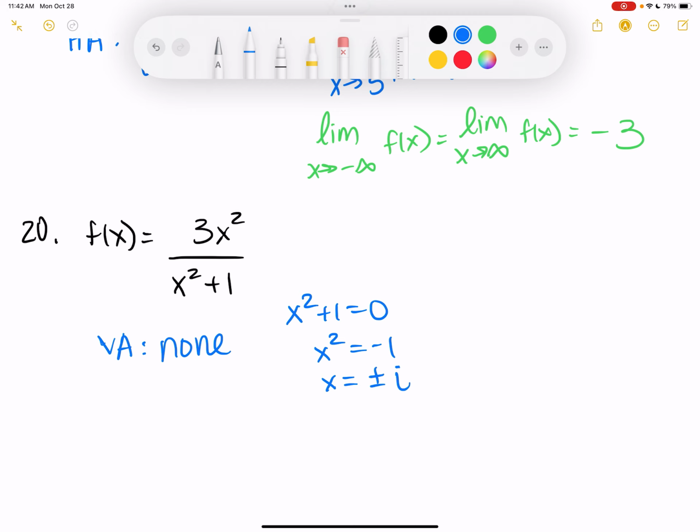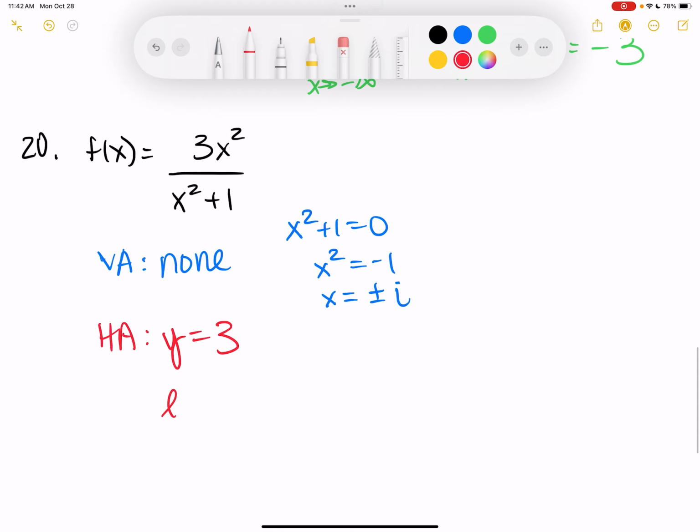Now, what about the horizontal asymptote? There's none? No. 3. Both the same. Use the coefficient, which is 3, so y equals 3. So now, there's no vertical asymptote, so there's no limit that I need to confirm on that one. I just need to confirm the limit for 3.